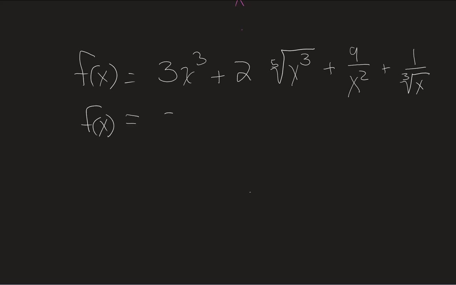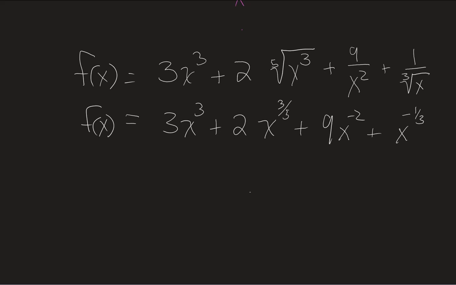That's 3x to the 3rd plus 2x, the exponent is the numerator, the root is the denominator, so x to the 3/5 plus 9. Now the x is in the denominator, so it becomes to the -2. Here we have a root and it's in the denominator, so it'll be negative, and then the exponent is going to be 1/3 because the power is 1 and the root is 3.